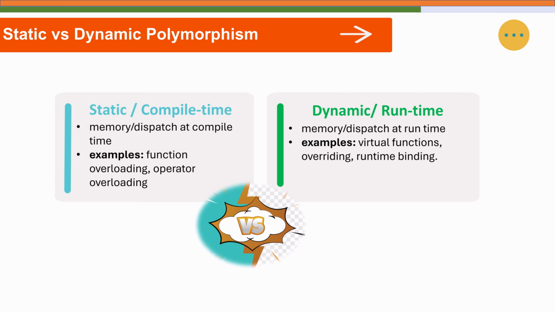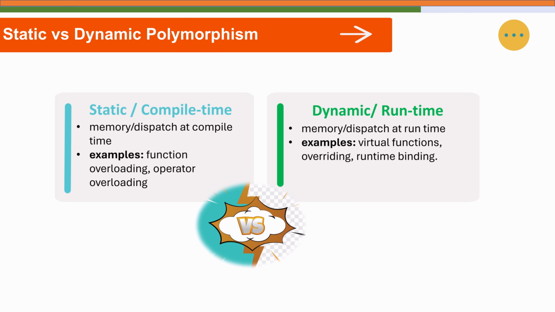So let's stop here and see the difference between static and dynamic polymorphism. Imagine we have a base class shape and several derived classes like circle, rectangle and triangle, and we want to create a list of shapes, and for each one we intend to call a function like area to compute its area.